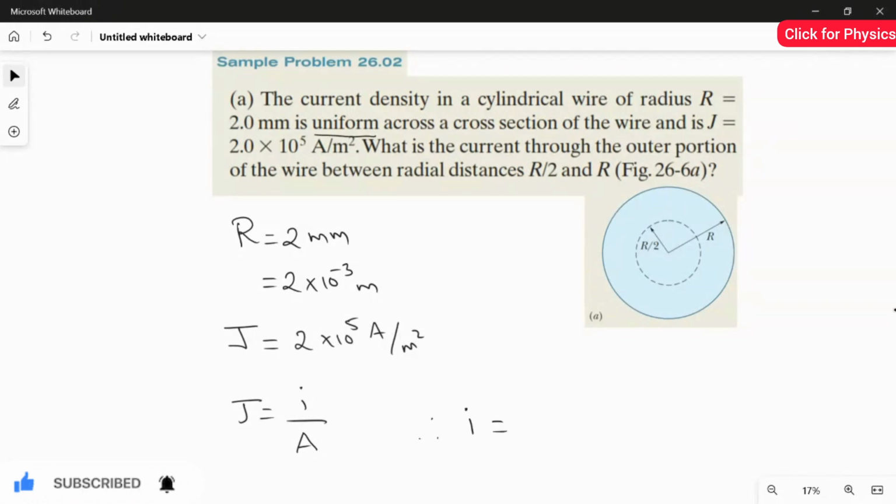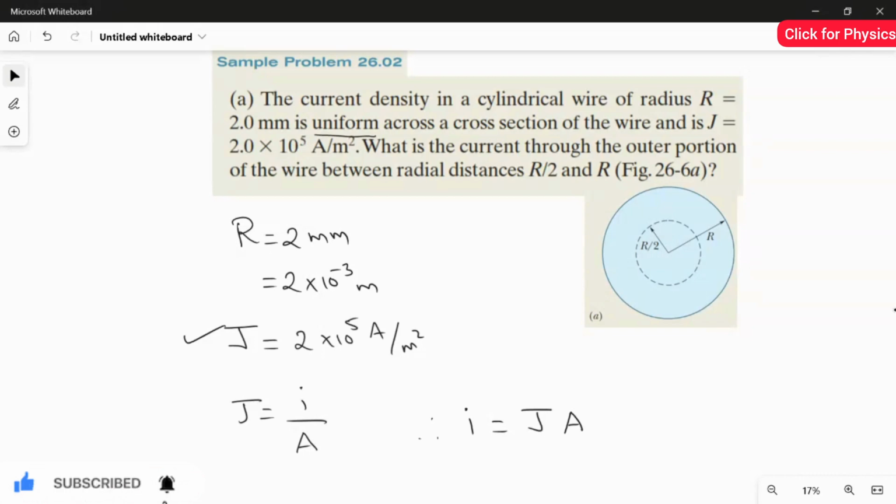Current, which is equal to the current density multiplied with the area. The current density value already we have here, but the area is very, very important because you have two radial distances. If you see the cross-sectional view of this wire, it looks like area of the circle. So I have to apply the area of the circle for the outer radius, as well as I have to apply the same formula for the inner radius, and then I have to find the difference.